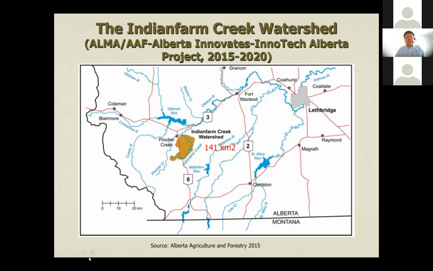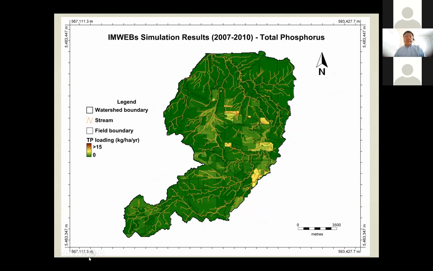And we're privileged, because this watershed is an experimental watershed of AAFC, and colleagues did lots of work on monitoring and BMP implementation in that watershed. So we're able to get data and then develop the model, developing modules in IMWEBs. For this one, I just show one slide about the output, say for phosphorus, and all this is by grid cells.